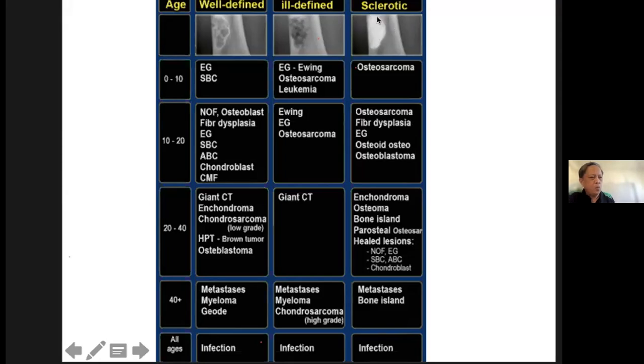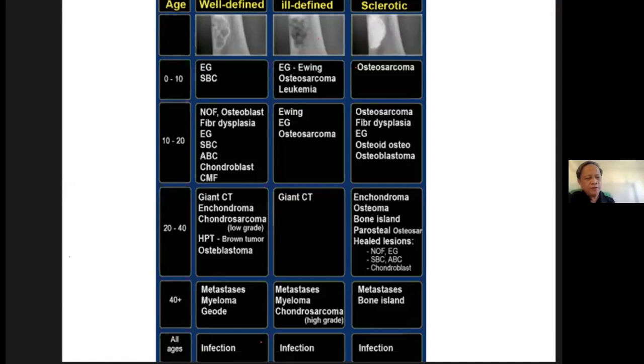When you're dealing with giant cell tumor, you tend to have mostly lytic lesions with minimal blastic change or sclerosis. Did I answer your question? I'll talk about that in detail and attach it to the TG.